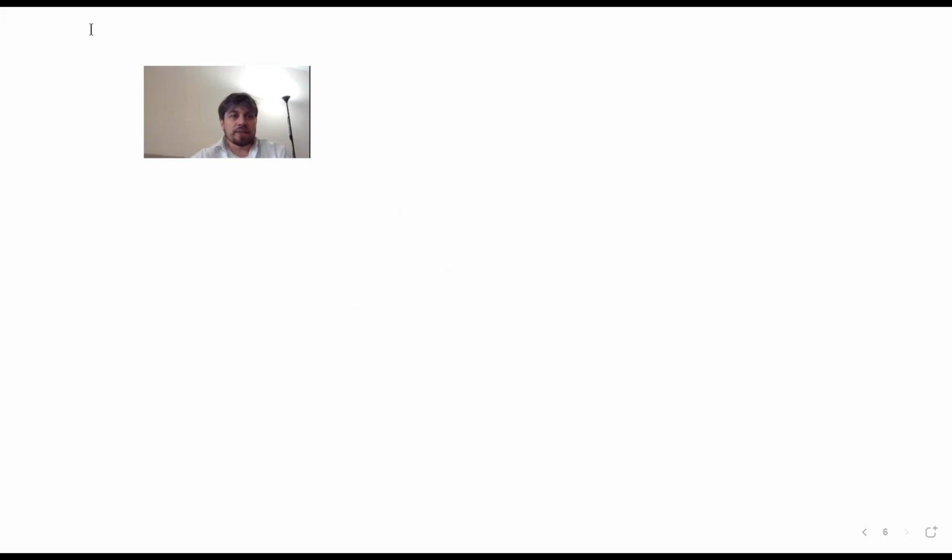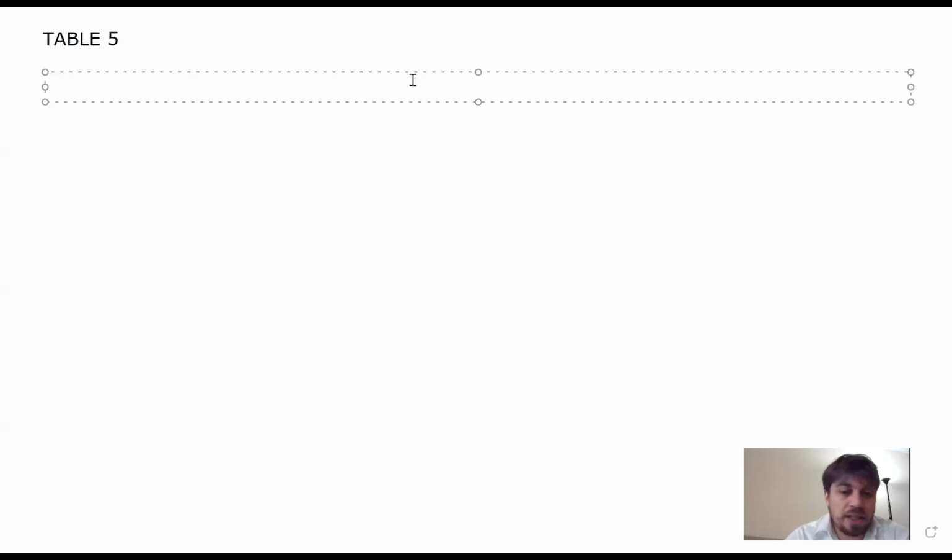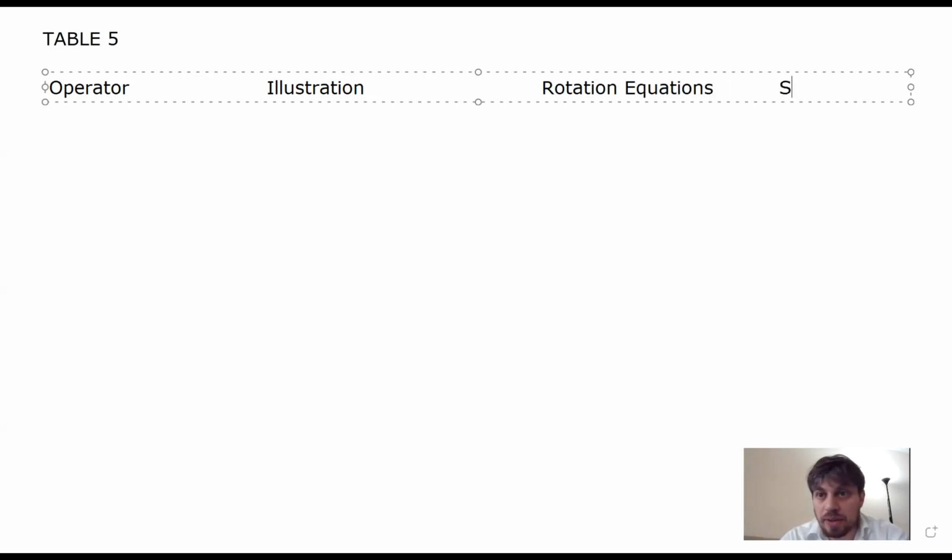Okay, so now you have table 5, which is these operations. So you have your operator, illustration, rotation equations, and standard matrix.